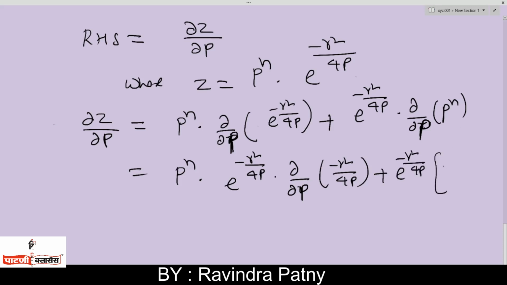Partial derivative of p raised to n is nothing but n p raised to n minus 1.